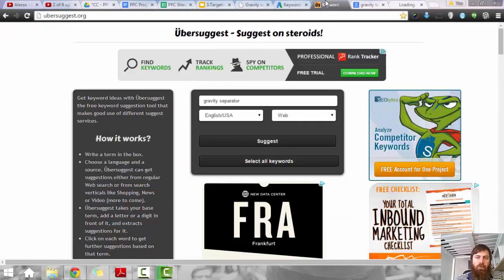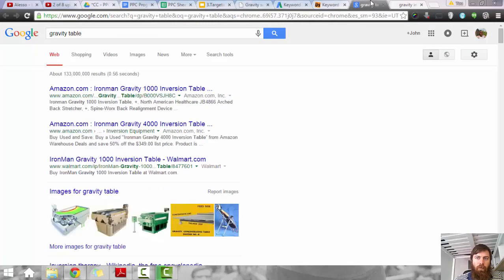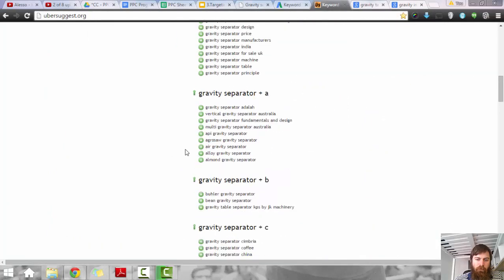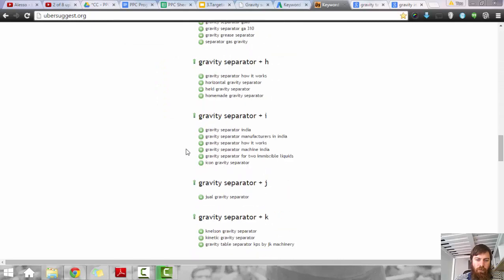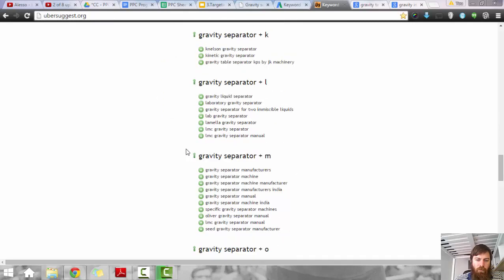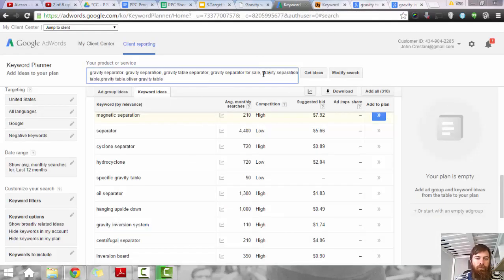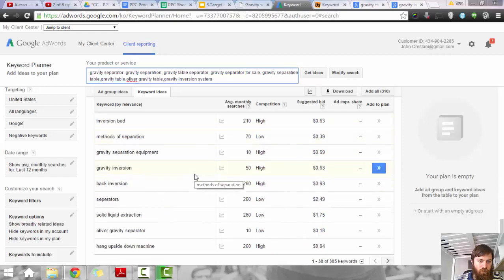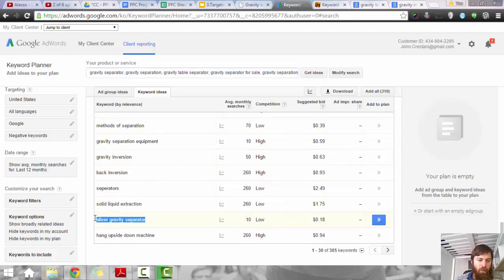So what is an inversion system? Okay. Oliver gravity separator.